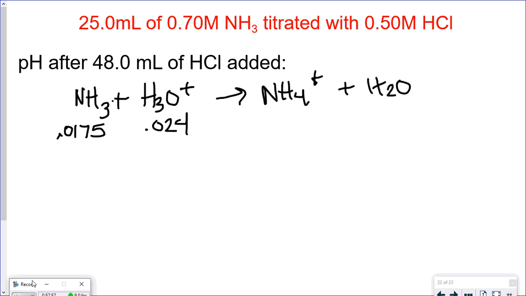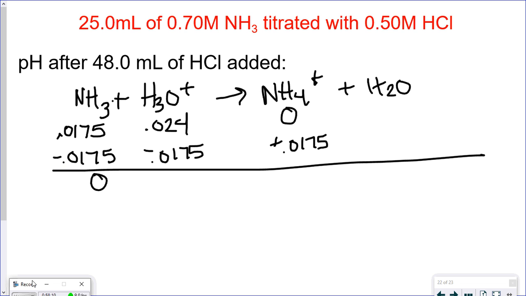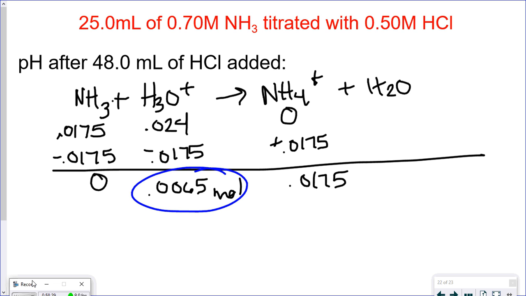When we neutralize, we're going to run out of base because our acid is the larger number. So we're going to end up with 0.0065 moles of hydronium. So that's what we can use to find pH. However, pH needs molarity, not moles. So we will have to do our moles over our total volume to find molarity.